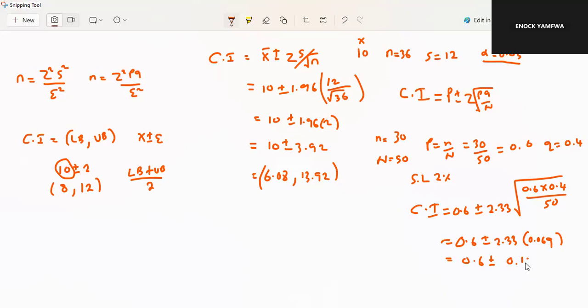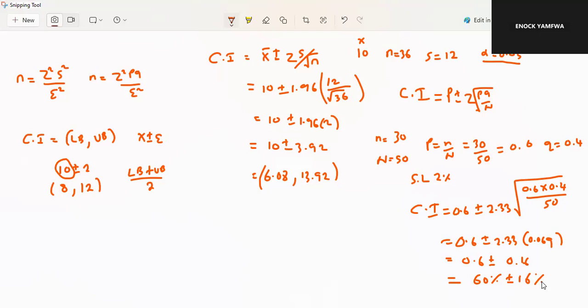Okay, these are proportions. If you want, you can convert them to decimals or percentages. So 60% plus or minus 16%. What do we have? 60% plus 16%.